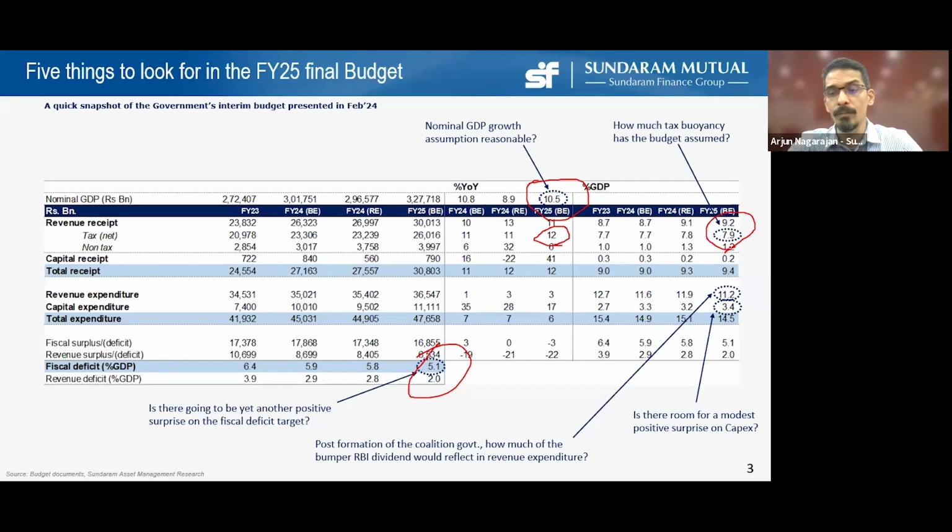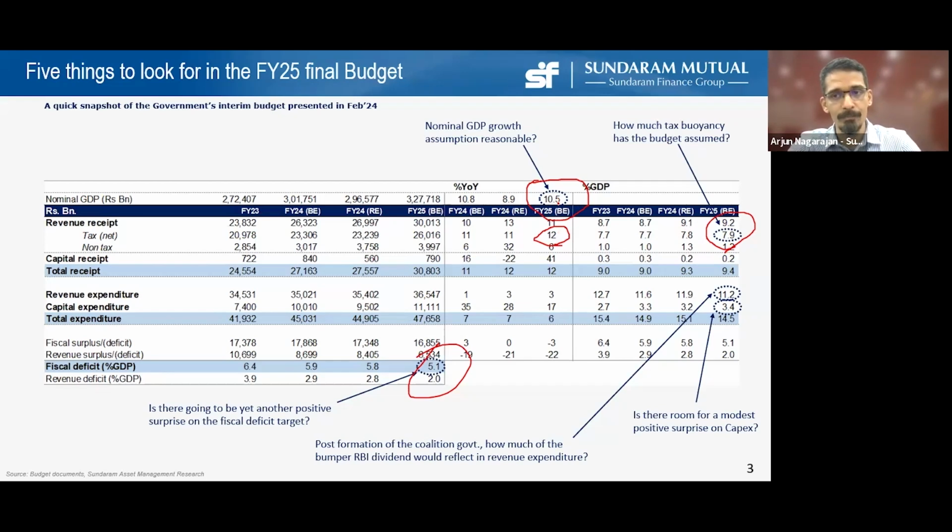But what is more important for an economy is to try and see, is there tax buoyancy? So when you say tax buoyancy, as a percentage of GDP, your tax collections, are they going up? So for example, if your nominal GDP growth is 10.5%, for tax revenue as a percentage of GDP to remain constant, tax revenue will also have to grow at 10.5%.